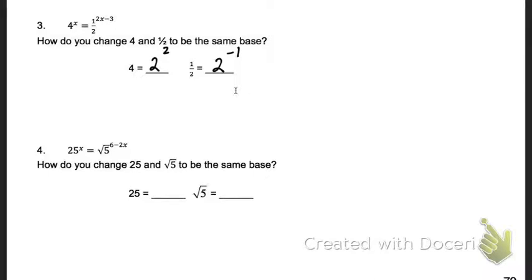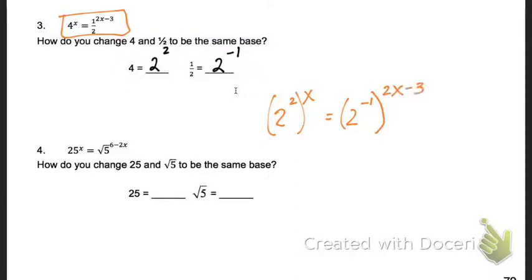So I'm going to rewrite this as 2 squared to the x equals 2 to the negative 1 to the 2x minus 3. So all I did is I replaced my 4 and my 1/2 with 2 squared and 2 to the negative 1.